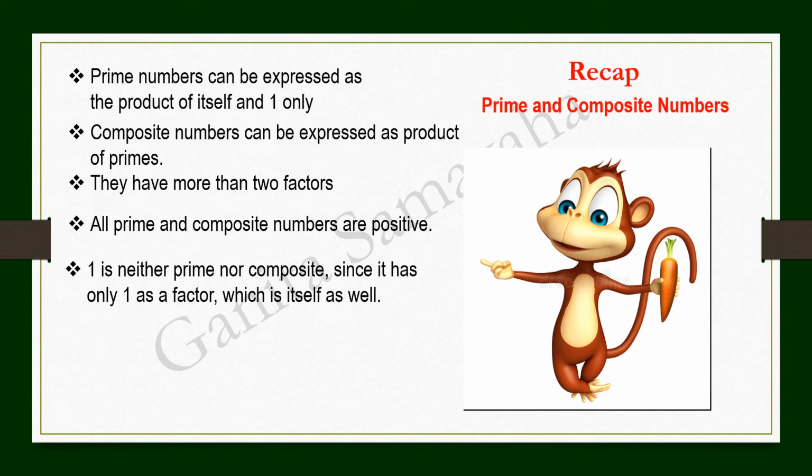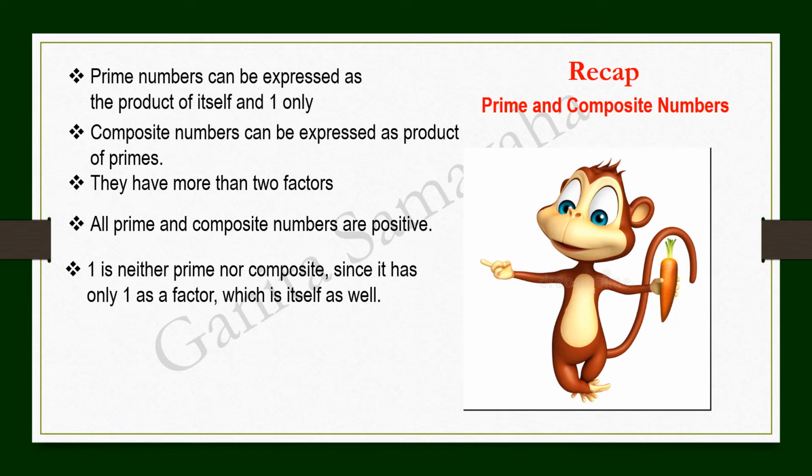Why? Because the factor of 1 is 1 into 1, which is nothing but itself only. There is nothing else other than itself. So we don't say that it is a prime number, nor is it a composite number. We cannot categorize it under prime or composite because it does not fall into the definition of either. Okay, children.